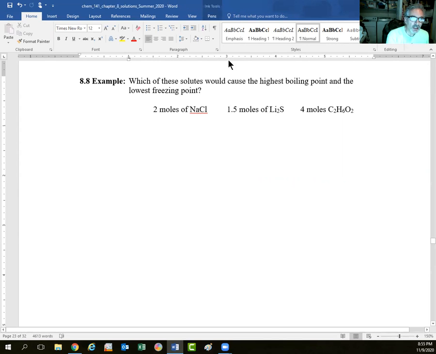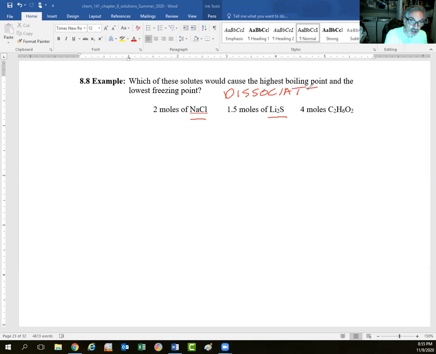So this time the number of moles has been worked out for you. Remember, this could be a figure in grams, so you'd have to use the molar mass to work out how many moles you've got. But we still have an extra layer of complication in these problems because 2 of the 3 solutes contain metals, sodium and lithium, which makes them ionic compounds. And we know that these ionic compounds dissociate in water into their individual ions.